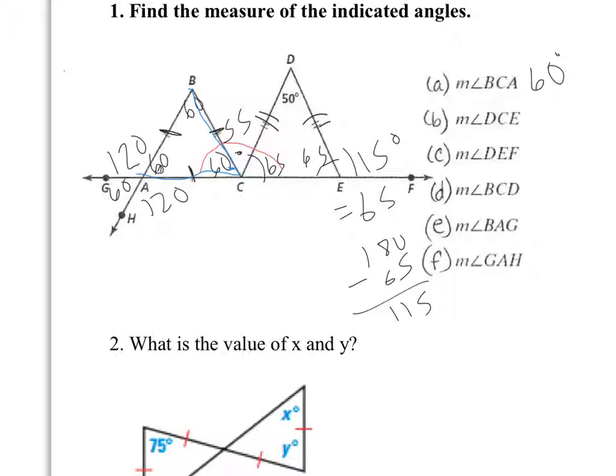Second one, or question B, DCE. D to C to E. Okay, that's right there. That is 65. Alright, so question C, D, E, F. That's this exterior angle over here, and you can see that's 115.